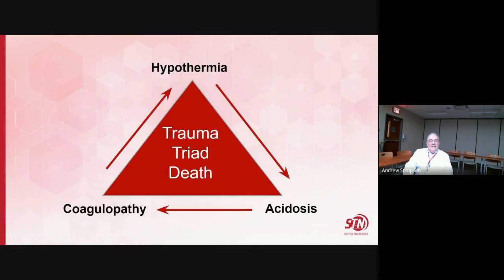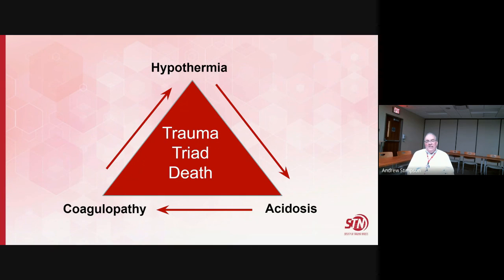So some evolving concepts in hemorrhagic shock. We talk about the triad of trauma deaths. Hypothermia or cold can lead to acidosis. It decreases oxygen delivery at the tissue level. It also impacts coagulopathy. Remember, your coagulation factors are enzymes, so they work at a particular temperature, and the ideal temperature is 37 or 38 degrees Celsius, which is normal body temperature.